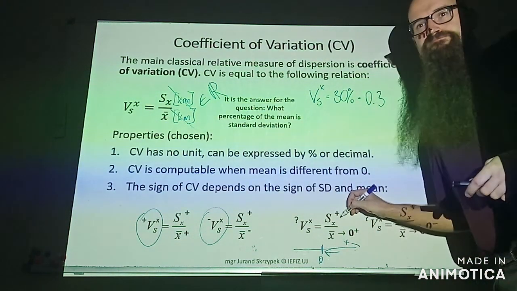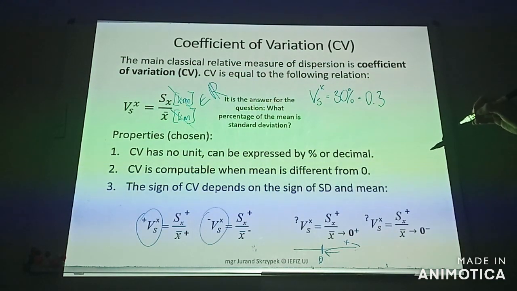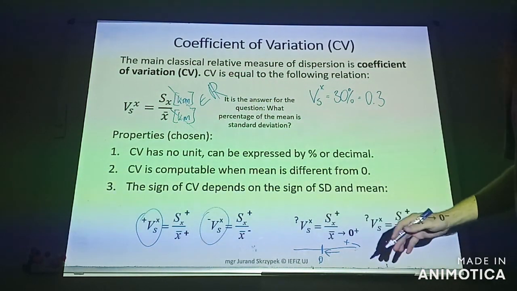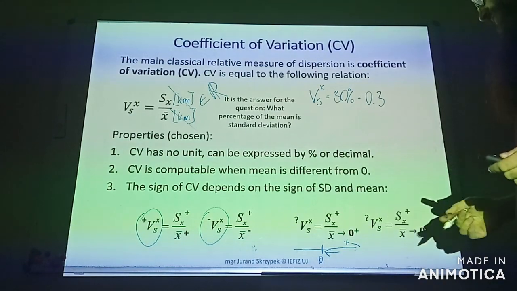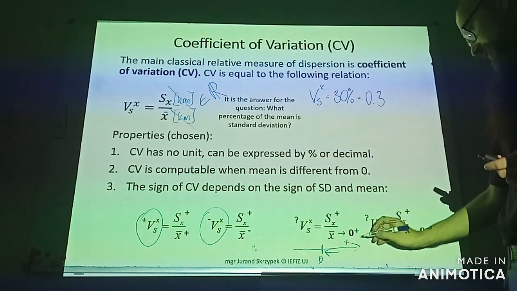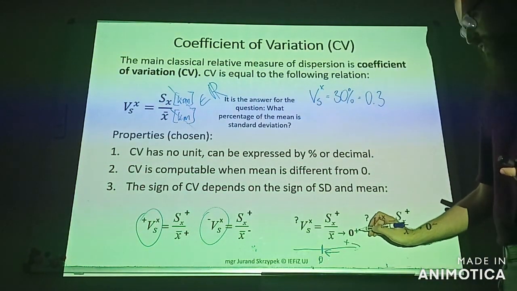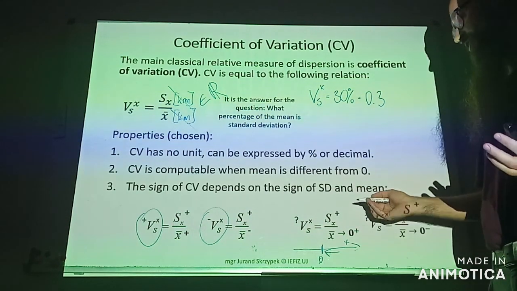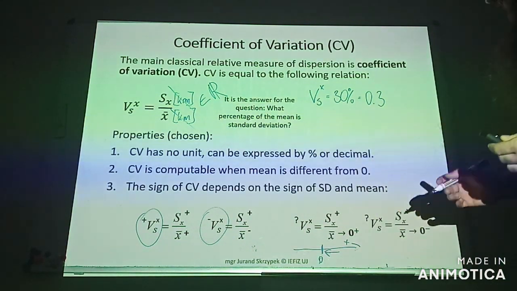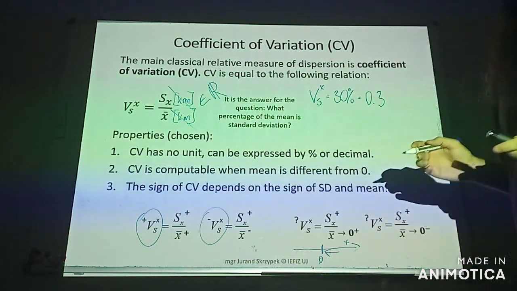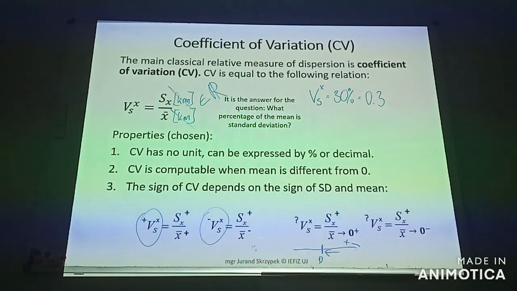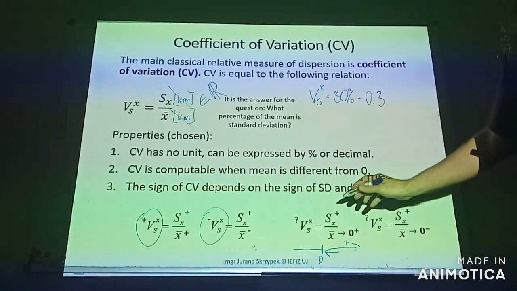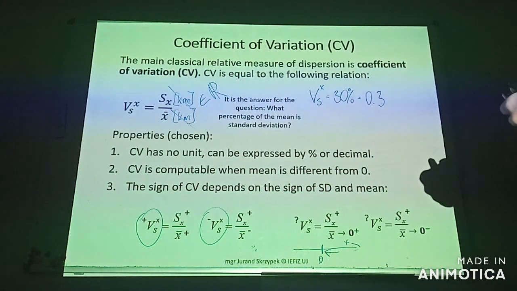So if we divide by ever smaller and smaller numbers, which are positive, positive by positive gives us a positive value, but of course it also means that we multiply the constant standard deviation by ever larger numbers.